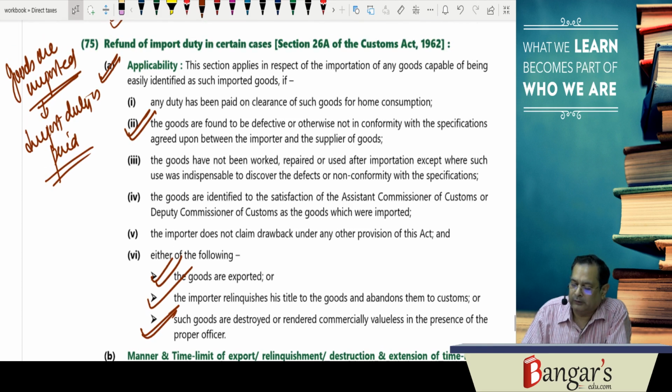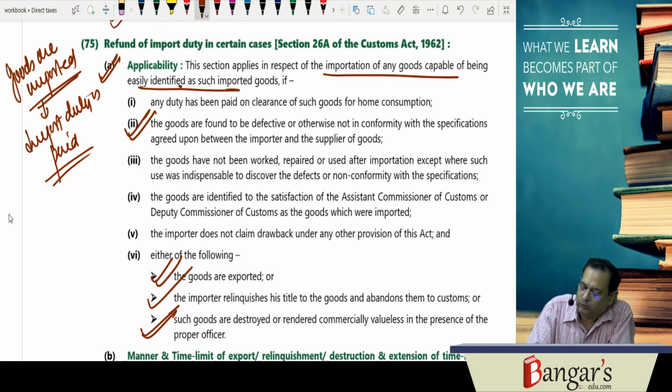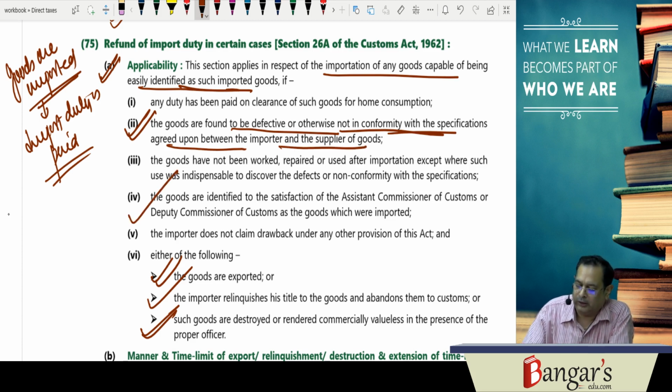So basically this section applies when duty has been paid on the importation, the goods are capable of being easily identified, and the goods are found to be defective or not in conformity with the specifications, and are identified to the satisfaction of the AC or DC.